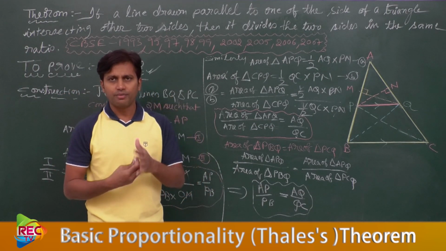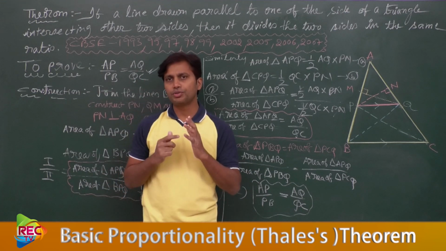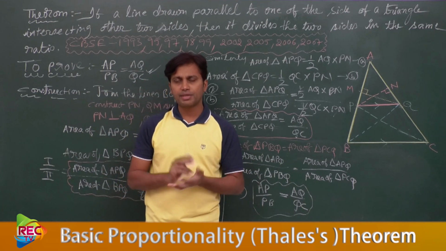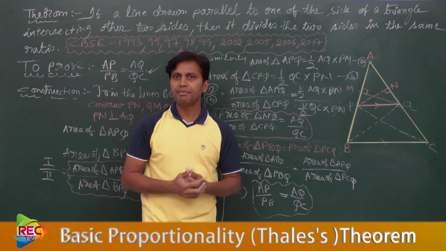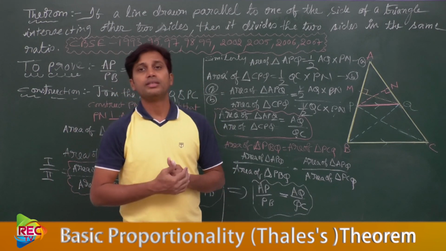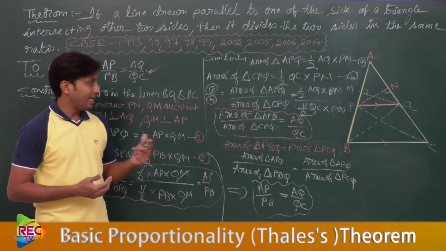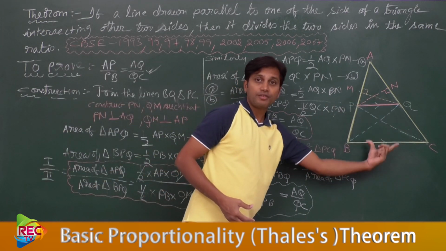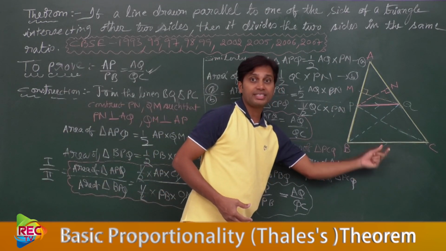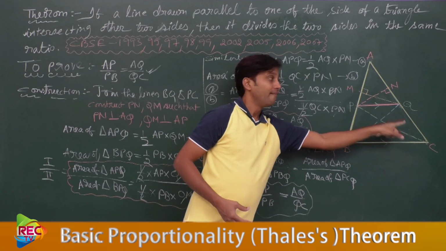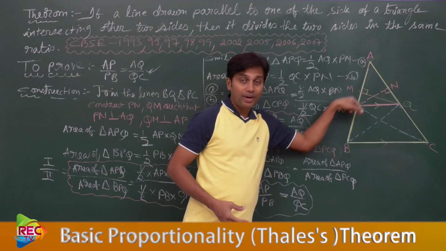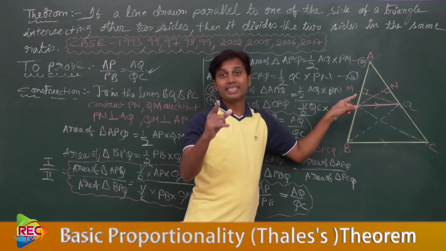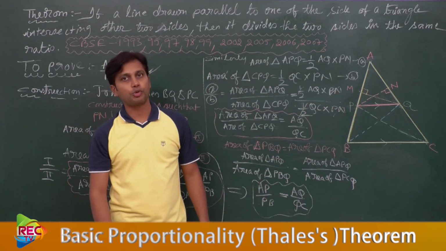Once again, before closing the video, I want to tell you the definition of the basic proportionality theorem. What is the statement of the basic proportionality theorem? Yes. When a line is drawn parallel to one of the sides in a triangle and intersects the remaining two sides, it will divide those two sides in equal ratio, or else we can say proportionally.